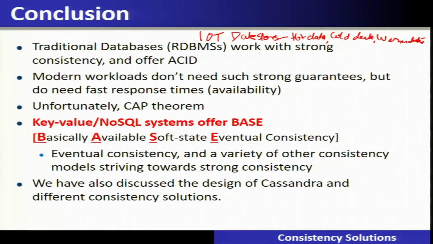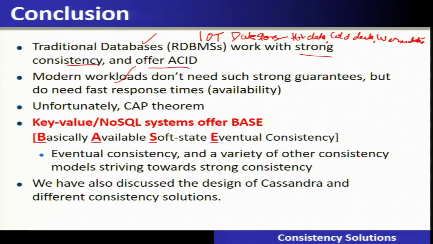So, what we have so far seen to support that is the design of IoT databases, and in that line sometimes traditional databases or RDBMS can also be used, which have the strong consistency property and offer the ACID properties.